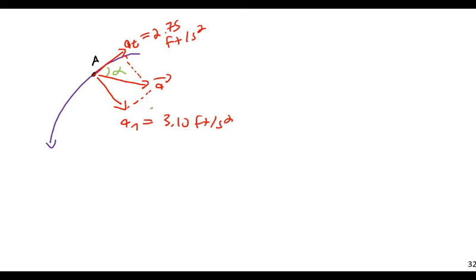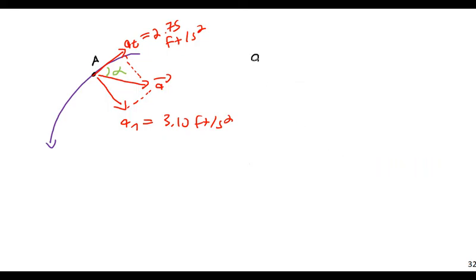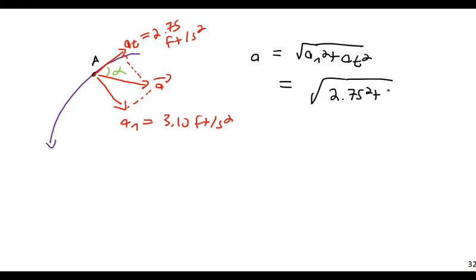So, fairly straightforward. The magnitude a is just going to be the square root of a_n squared plus a_t squared, which is the square root of 2.75 squared plus 3.10 squared. Which will then come to a equals 4.14 feet per second squared.